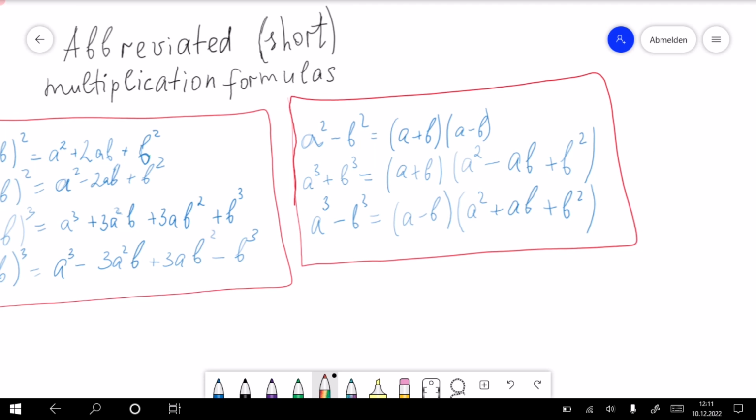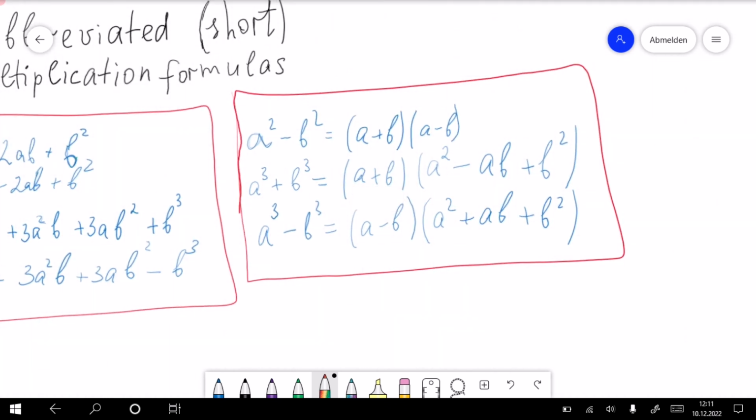And the other group. A squared minus b squared equals a plus b times a minus b. The next one, a cubed plus b cubed equals the parenthesis of a plus b multiplied by the parenthesis a squared minus a times b plus b squared.